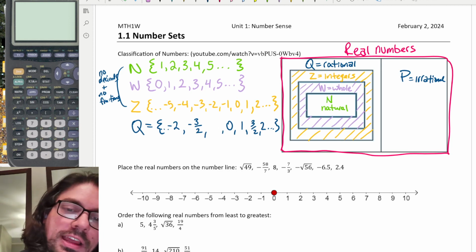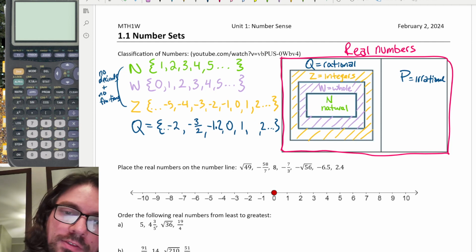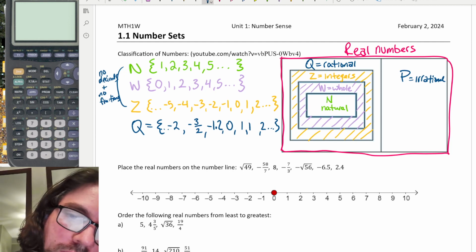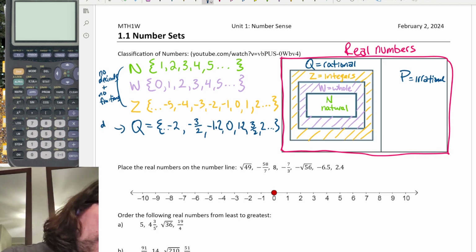In fact, instead of saying -1, I'm going to say -1.2. Or sorry, instead of saying +1, I'll say 1.2, just to show that here you can have decimals and you can have fractions, and that's okay.